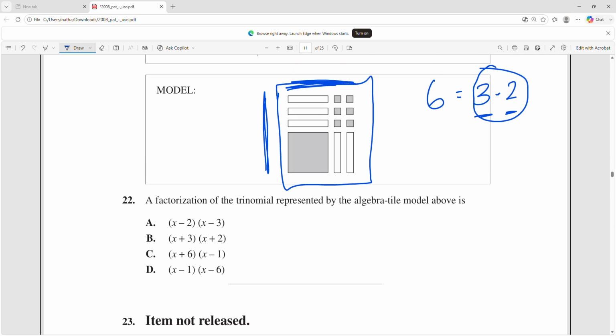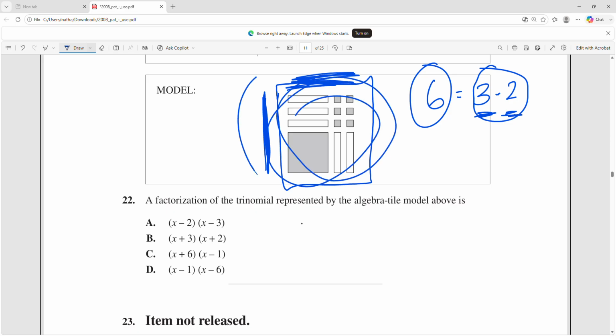Okay, so we could look at this diagram and see what it's telling us, what's matching. When we're looking for the factors, we're looking for the two things that multiplied together give us the one unified answer. So in this case, we're looking for what this times this gives us this whole thing. So we're interested in what these two sides are.